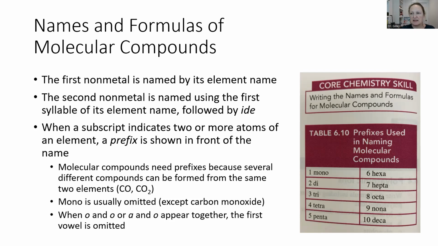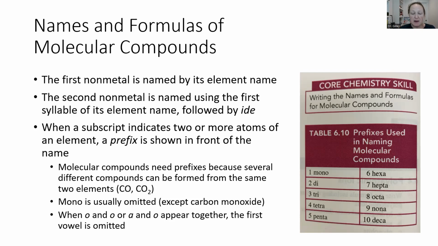But other times that there is one oxygen, for example, it would just be called oxide. For example, NO would be just nitrogen oxide, not nitrogen monoxide. So mostly mono is omitted, except for in one specific compound, which is carbon monoxide.